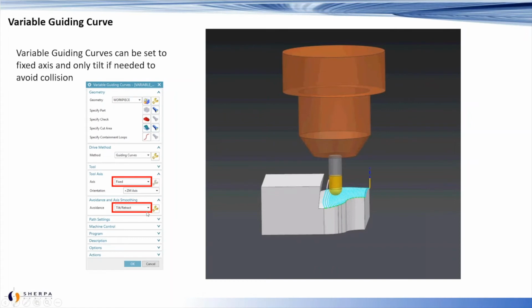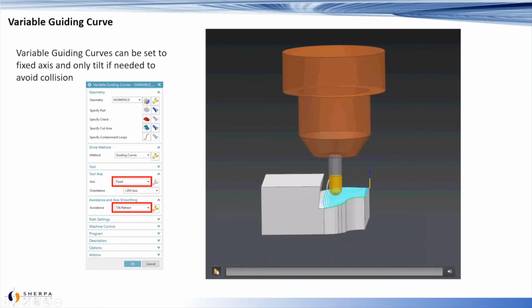You can also set an avoidance axis smoothing and set it to tilt and retract. It will fix that guide curve everywhere it can, except where it's going to notice a collision. If it sees a collision, the avoidance and axis smoothing allows it to tilt away to avoid that collision, but still get as much surfacing as it can.